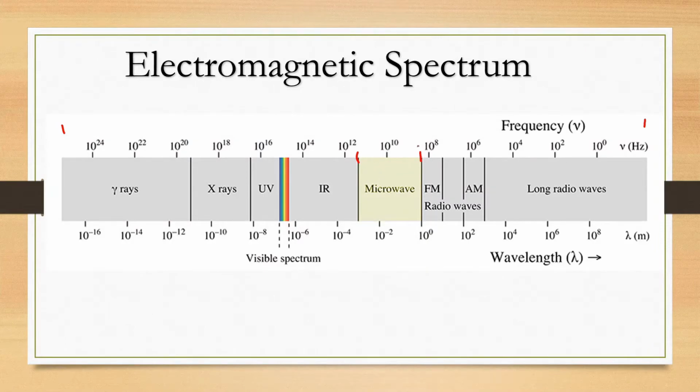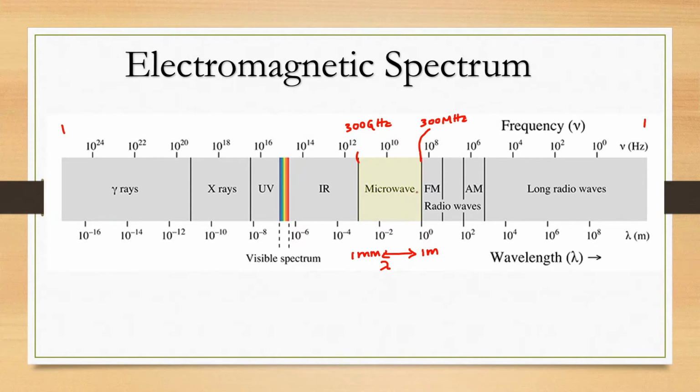So what is this range? This is actually 300 megahertz to 300 gigahertz, or equivalently 1 meter to 1 millimeter. This is the general description. The signals which have a wavelength between 1 meter to 1 millimeter, or frequency between 300 megahertz to 300 gigahertz, are called microwave signals.